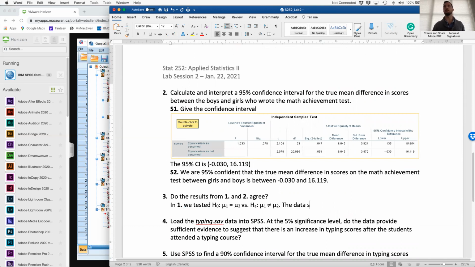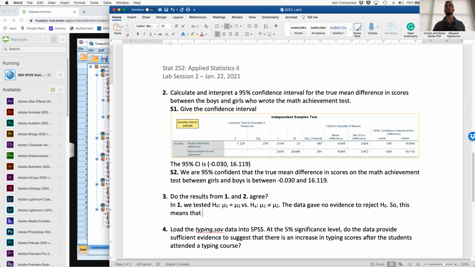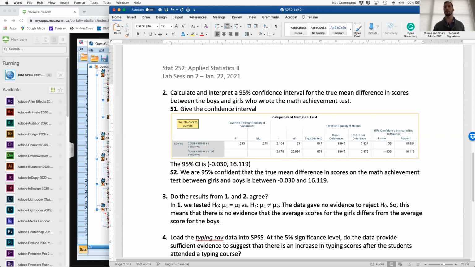The data gave no evidence to reject H0. So what this means is that there's no evidence that the average scores for the girls differs from the average score for the boys. Basically, there's nothing that suggests mu1 and mu2 are not the same value. So they're equivalent, so their difference would be 0.